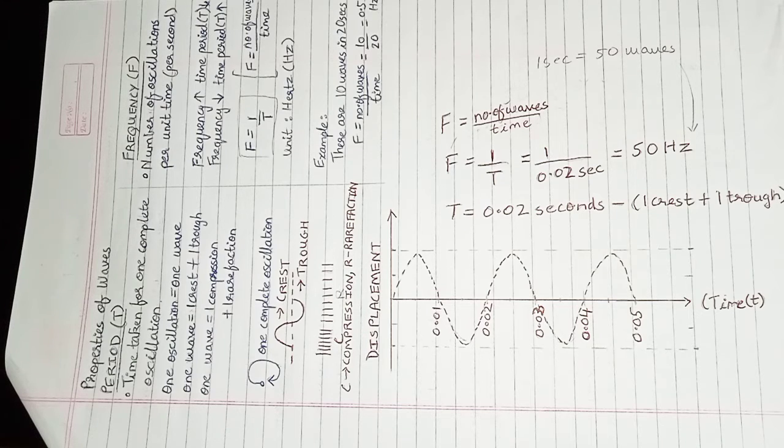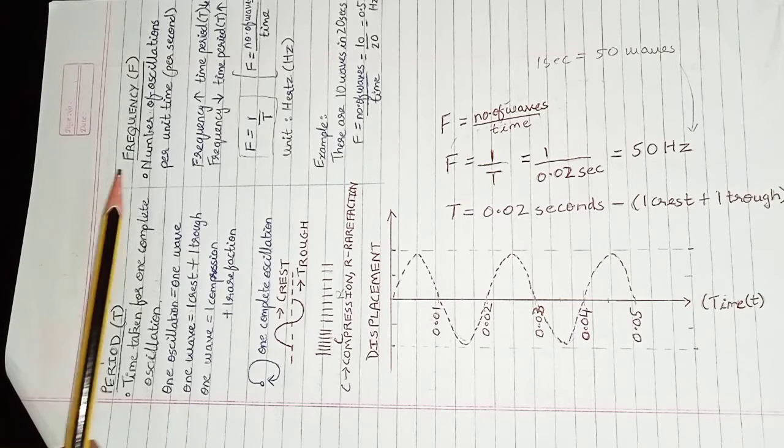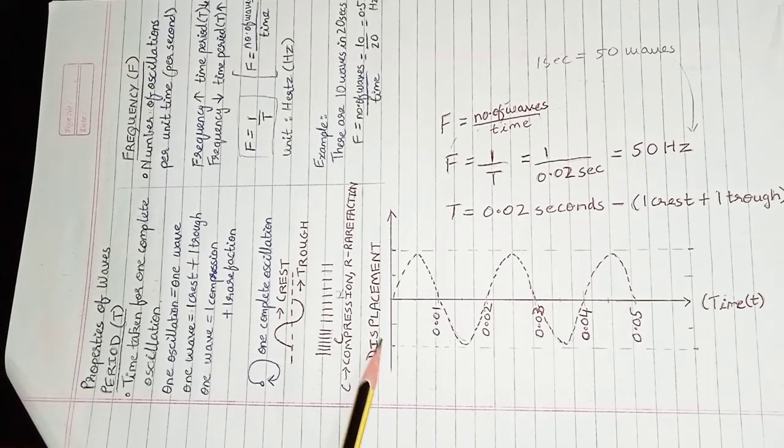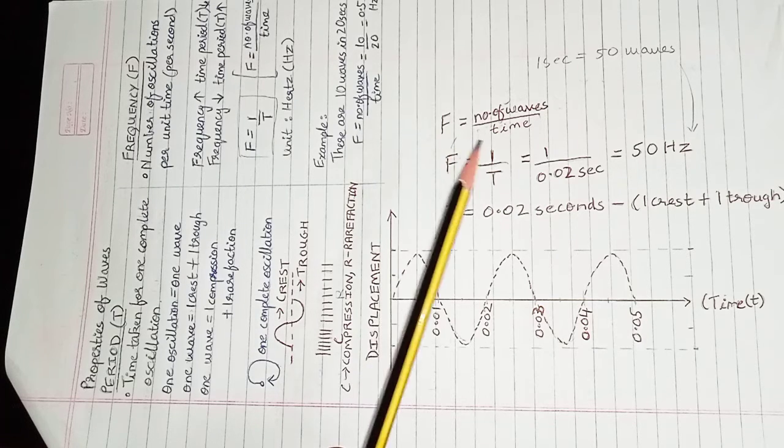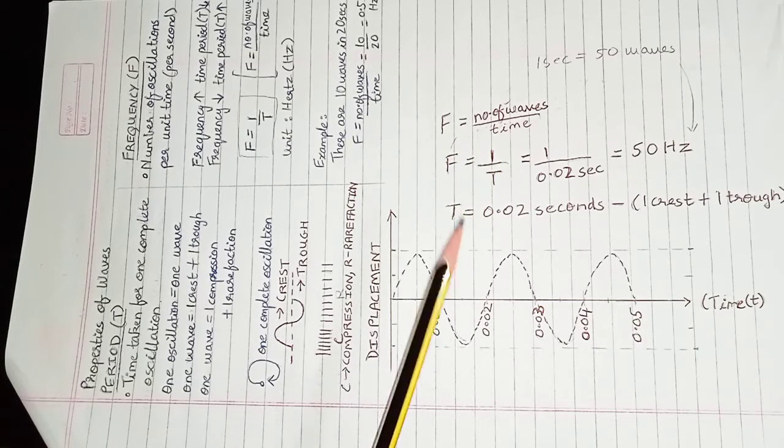Let's take a graph so that we can easily understand what is time period and what is frequency. So let's take displacement on the y-axis. On the x-axis you can see it is time. This is the graphical representation wherein you can see F is the number of waves divided by time.